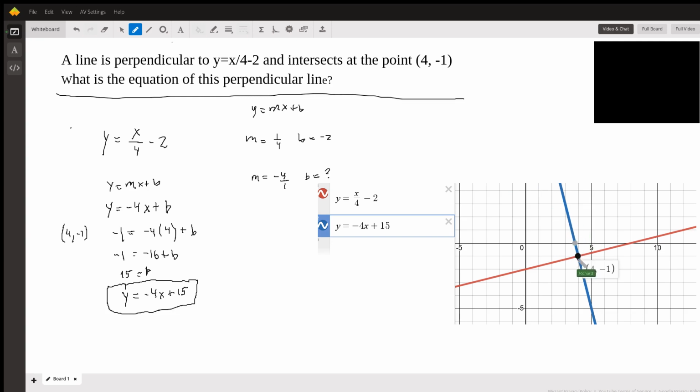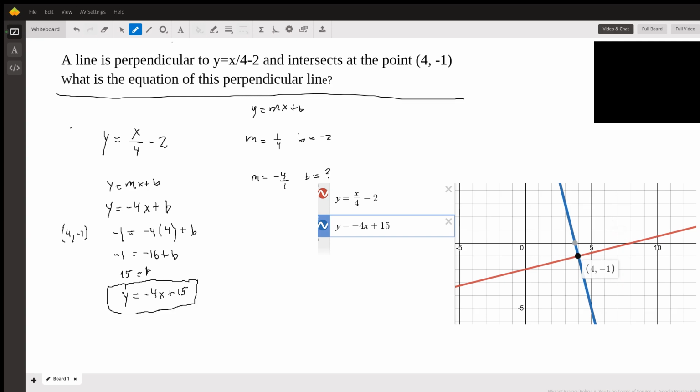You can see these lines sure look like they're perpendicular, and Desmos also will label the point of intersection. So a lot of times, part of a problem like this might also ask you for the point of intersection. You can calculate that by hand, but you can see Desmos has done this for me automatically. So that's a way to just check it.